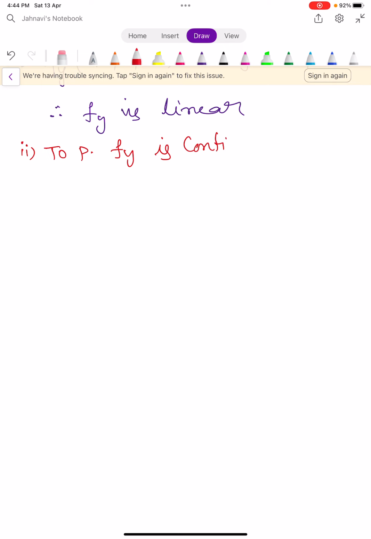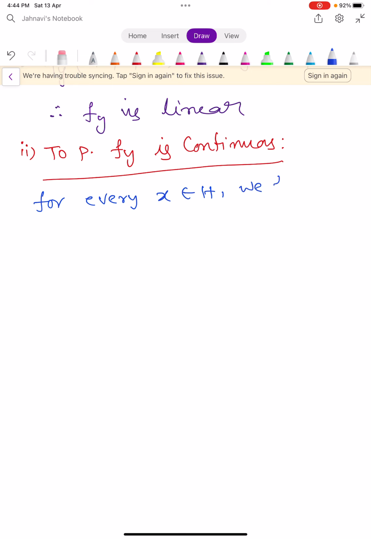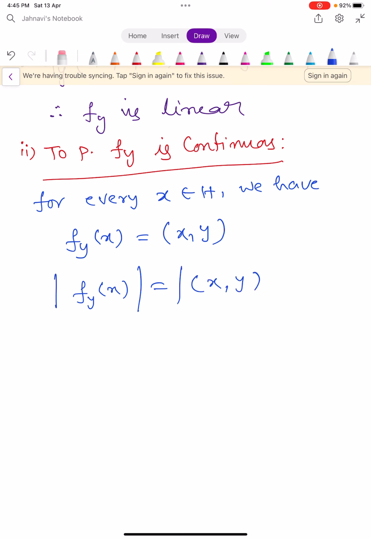To prove that fy is continuous, for every x belonging to capital H, by definition we have fy of x is equal to the inner product of x comma y. Now take mod on both sides: mod fy of x is equal to mod of the inner product of x comma y. Now by applying the Schwarz inequality, it is less than or equal to norm x into norm y.